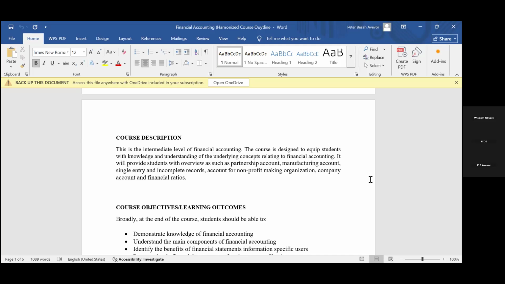Mind you, in level 100, we talked about the sole proprietorship. So the sole proprietor does not come in here again. We have already dealt with the sole proprietor, and we are continuing with the basic accounting that we need to know.